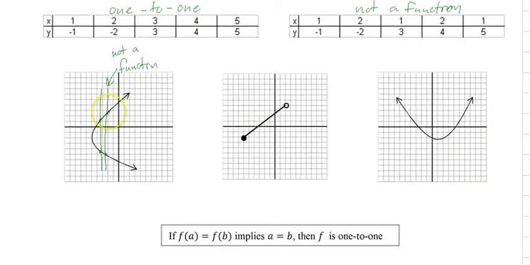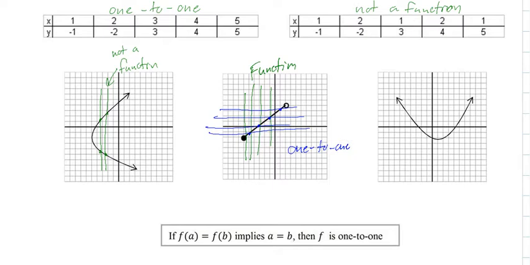If it's not a function, it's definitely not one-to-one. So we start with the vertical, and that means we have a function. Then to determine if it's one-to-one, we do horizontal. And you notice we're hitting one point each time that we draw a line. That means we have a one-to-one function.